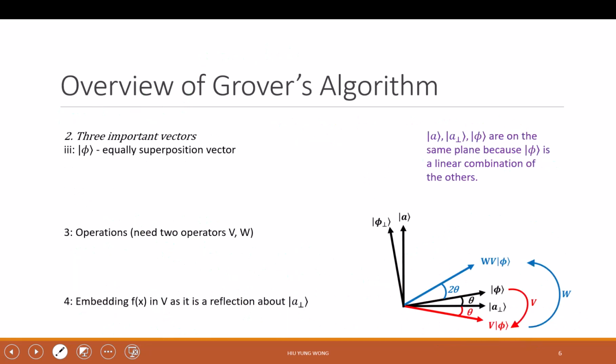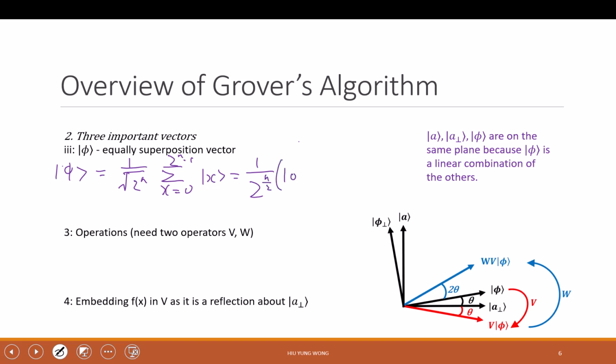The third vector is also important, which is phi. And this is easy. It's just the superposition of all the basis vectors. Phi equals 1 over square root 2 to the power n, summation over x from 0 to 2 to the power n minus 1, of x.